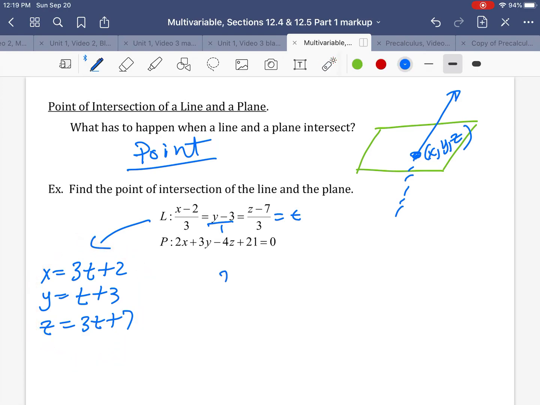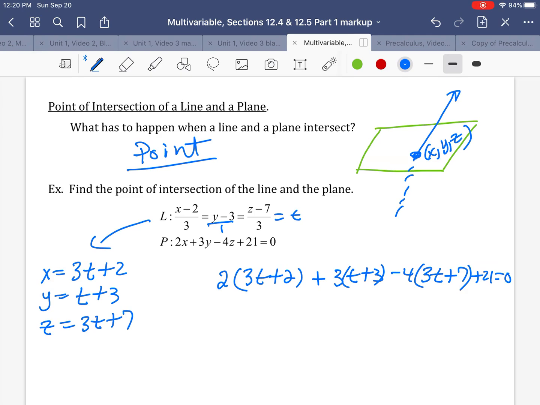All right, so here we go. So 2, and then I have 3t plus 2, plus 3, and then t plus 3. And then, let's see, minus 4, z is 3t plus 7. And then I have plus 21 equals 0. So why don't you solve that and see if we get the same answer.